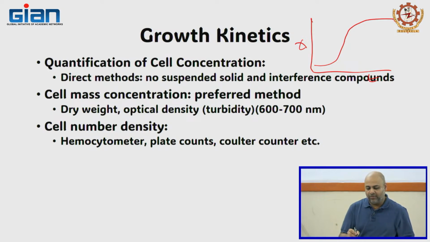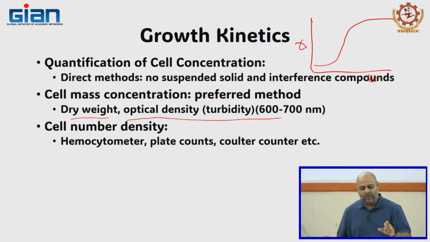So, that is what we do, the optical density. So, you can take the dry weight and optical density, which is estimated between 600 nanometers to 700 nanometers, or you can estimate the cell number density using a hemocytometer or a plate count or a Coulter counter. So, using these techniques, you can actually estimate how much of the cell has grown in your medium.